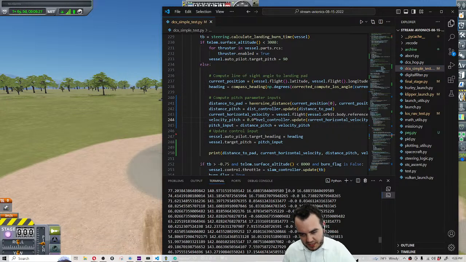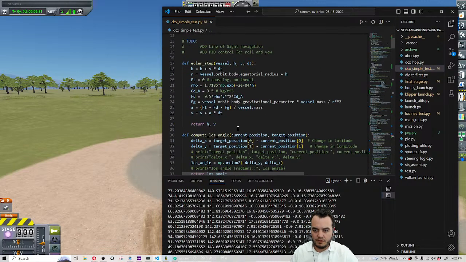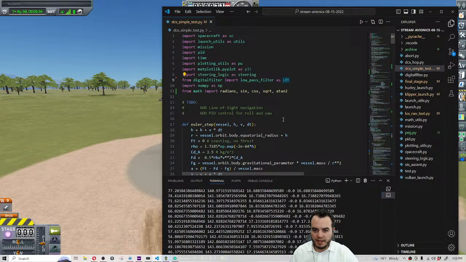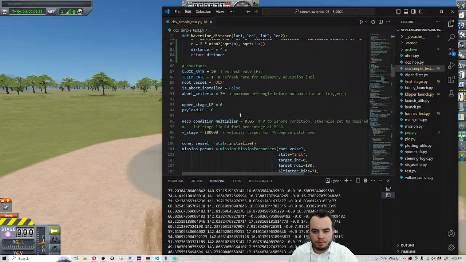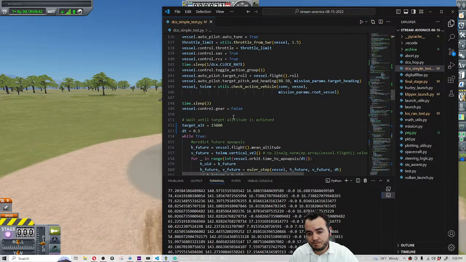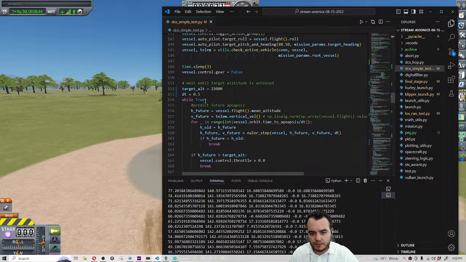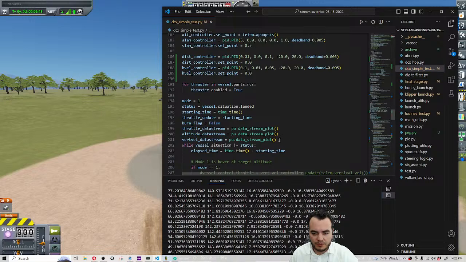So I'm wondering, you know what? Let's actually implement a low pass filter then. Yeah, we already have it here. How do we want to do that? I guess we'll just, wait, do we already have one somewhere? I don't think we do. All right, let's do it.